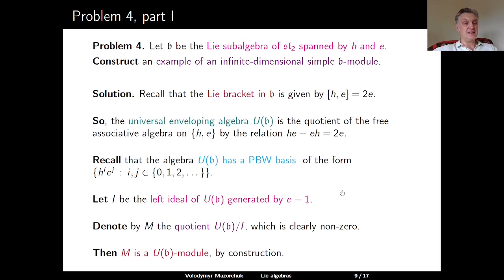Then this quotient is clearly a module over U(B), because we have a module and we factor out a submodule. A left ideal is a submodule. We also know that this quotient is clearly non-zero, as we can see from the PBW basis. If on the right we evaluate e to 1, we get arbitrary polynomials in H as the outcome.